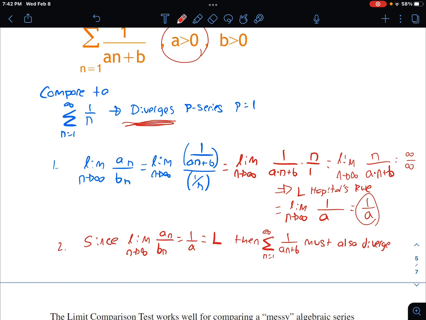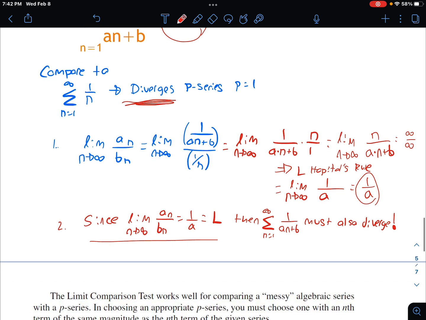And that's the basis for this. I should have put a little part over here that we compared to the harmonic, but that's about it.